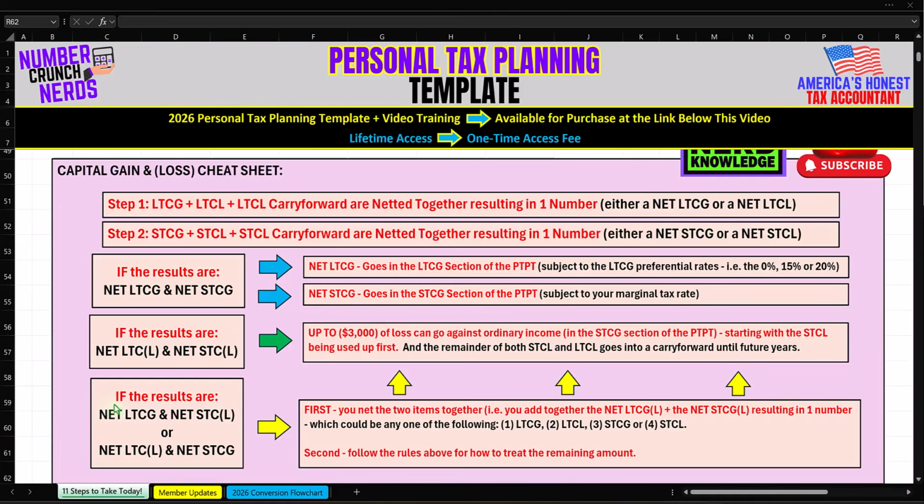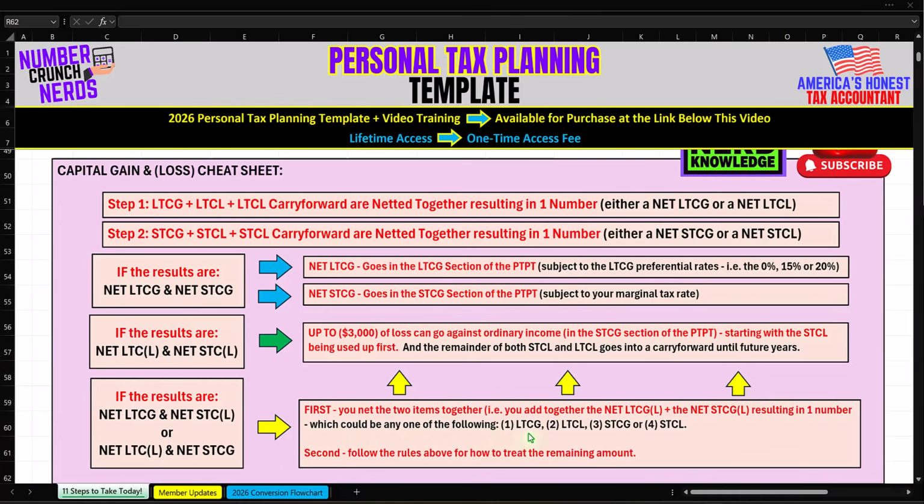Then finally, if we have mixed results from steps 1 and 2, in other words, a net long-term capital gain and a net short-term capital loss, or conversely, a net long-term capital loss and a net short-term capital gain, then the first thing you do is you net the 2 items together, i.e. you add together the net long-term capital gain or loss with the net short-term capital gain or loss, resulting in one number, and that number could be any of the 4 following items.